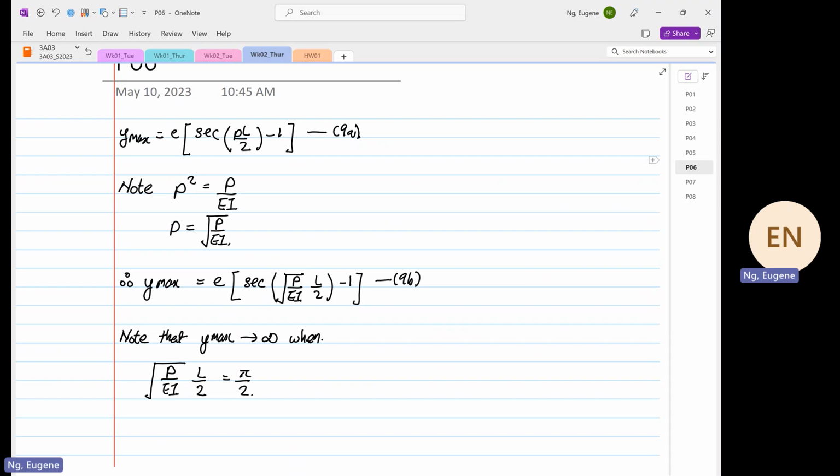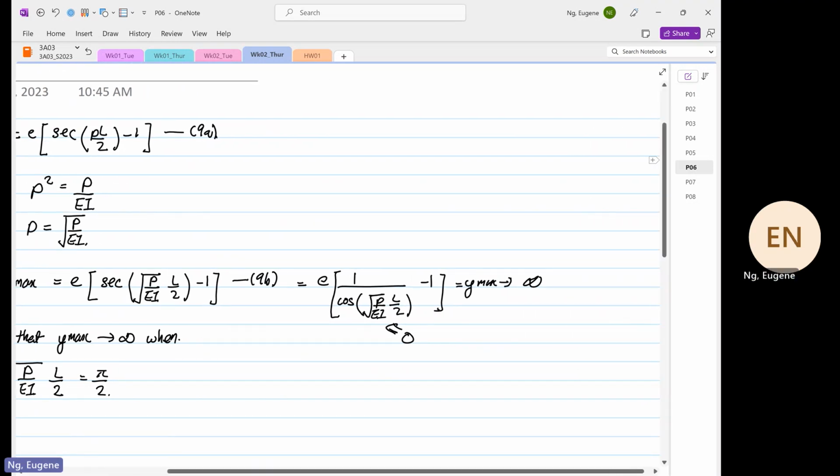Cosine 90 is equal to 0, right? So if I were to rewrite this, this can also be written as 1 over cosine of square root of P over EI times L over 2, and the whole thing minus 1. Okay, and we know if the denominator term is equal to 0, Y max will tend towards what? Infinity, right?